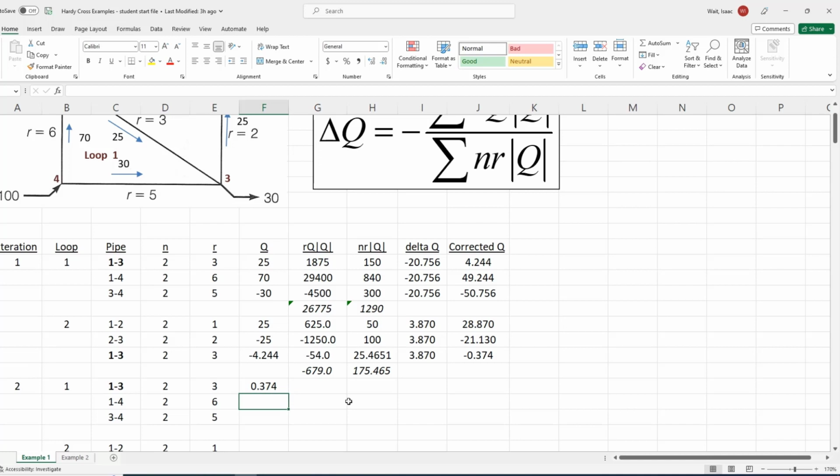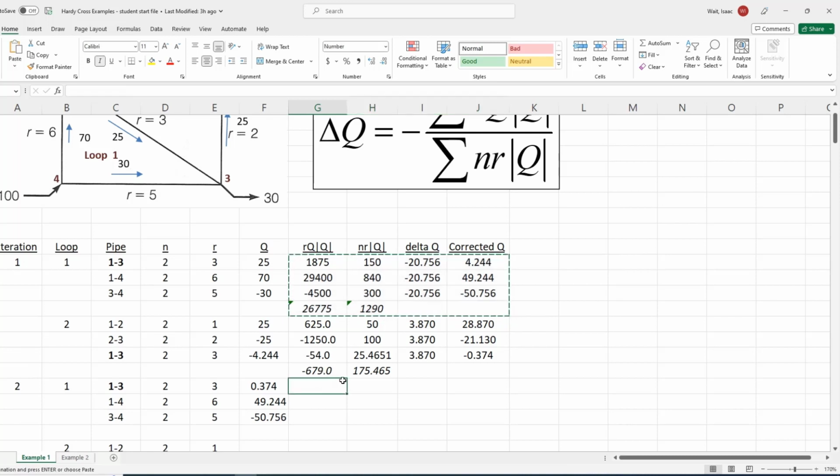Okay? What's my best guess of pipe 1,4? Equals, here it is, this 49 one. Best guess of pipe 3,4, right there. Okay? Now I'm going to just highlight this entire block. Everything, all of the calculations from the first iteration, the first loop, Control C to copy.